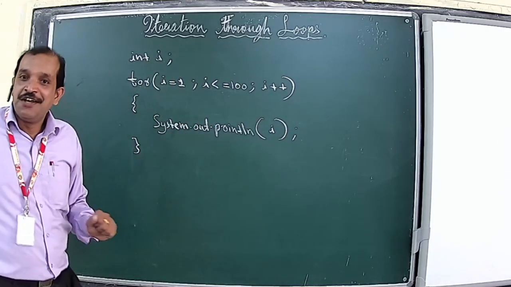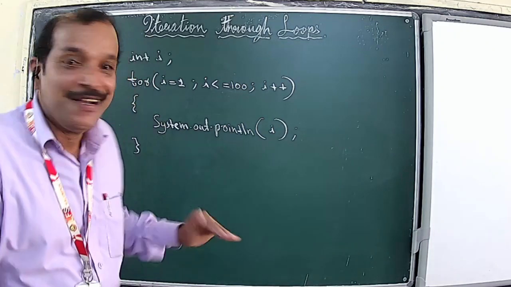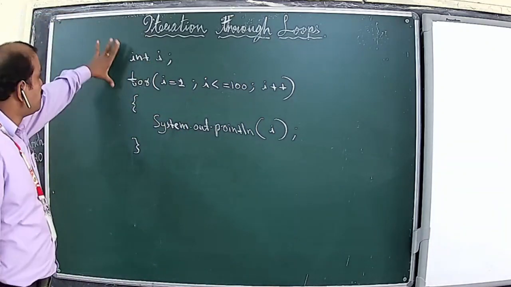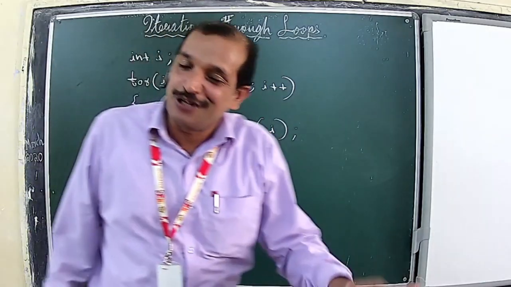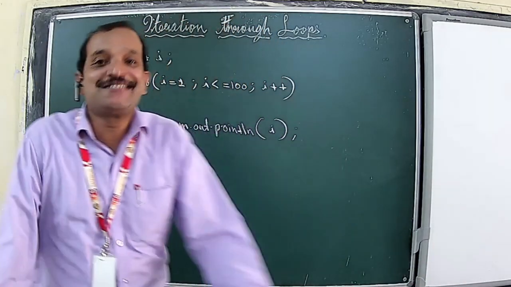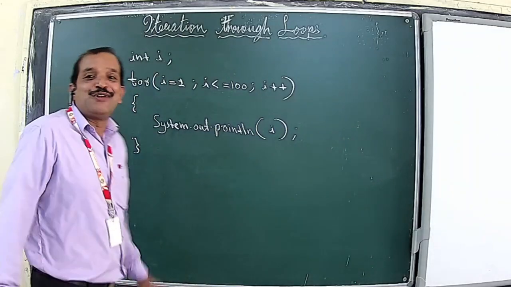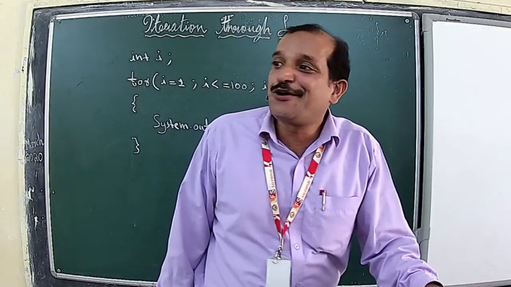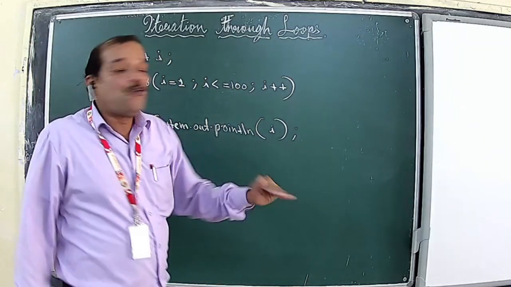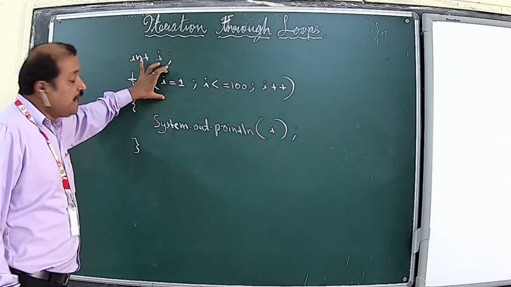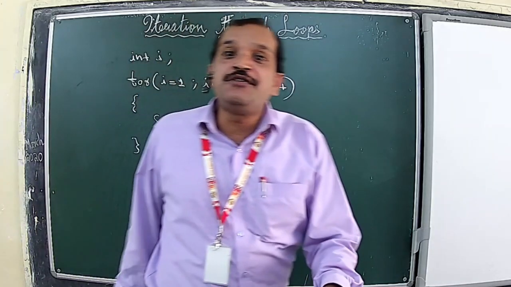And don't forget, when you do this homework in your notebook, it should not be just like this. It should be part of a function body, and the function must be part of a class as well. And you are free to choose your class name as well as your function name according to your choice. Now see, your second homework was to print all the odd numbers between 1 and 100.